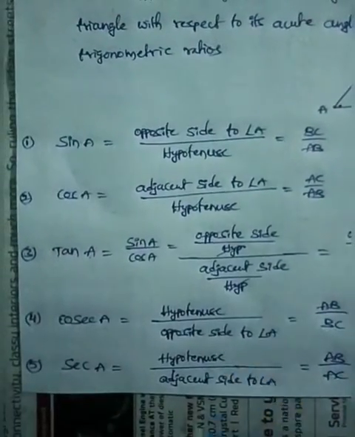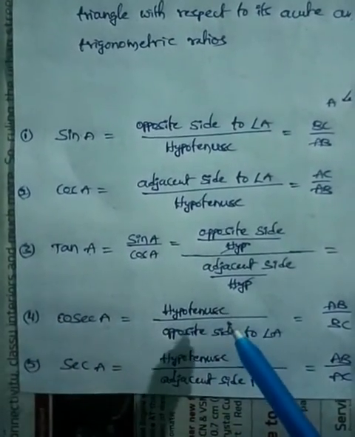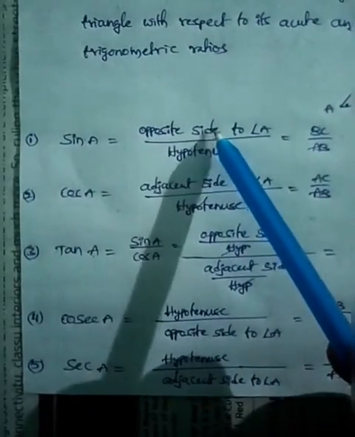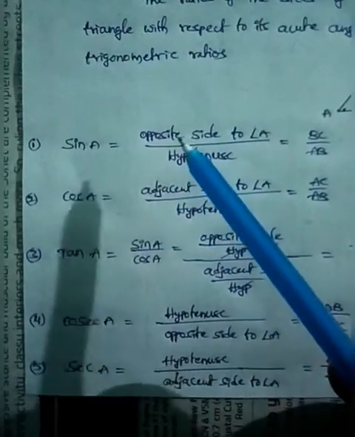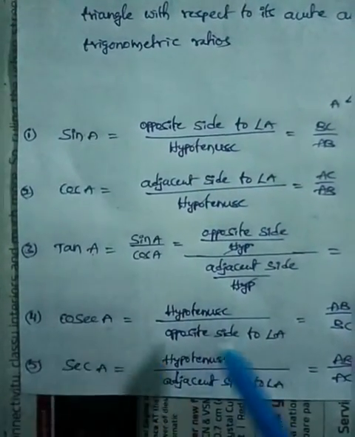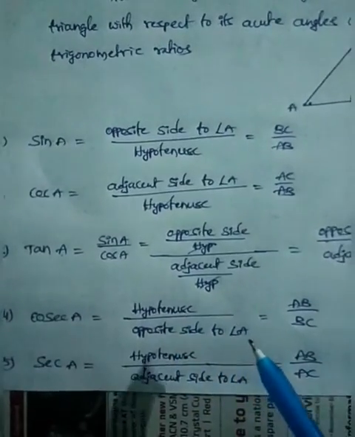If you change the numerator as denominator and denominator as numerator, you will get cosecant A, so hypotenuse by opposite side to angle A.